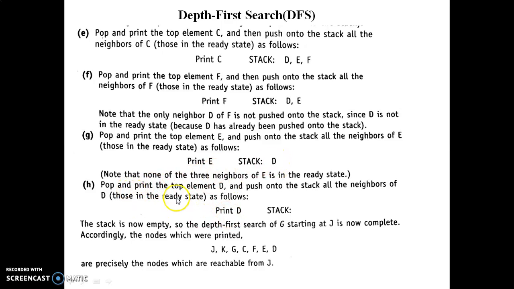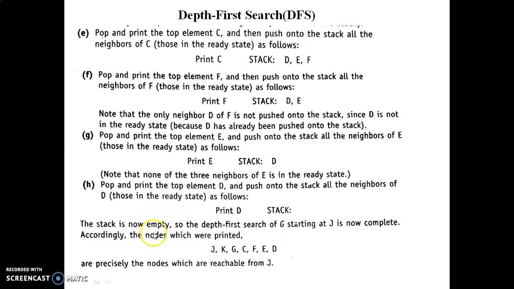So we print D and push all the neighbors of D which are in the ready state. Now there are no neighbors which are in the ready state, so the stack will become empty. We are not pushing anything onto the top of the stack. Once the stack becomes empty, we stop the algorithm. The stack is now empty, so the DFS algorithm of the graph starting at J is now complete.